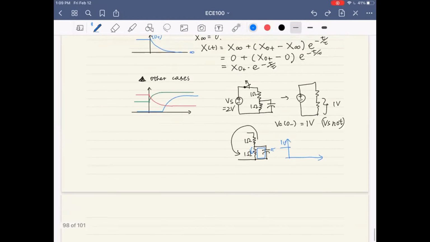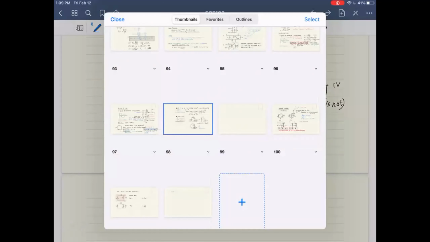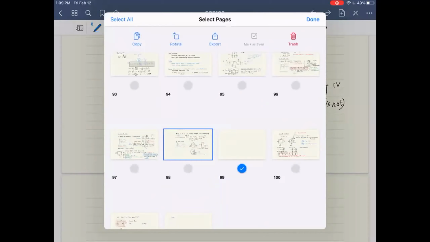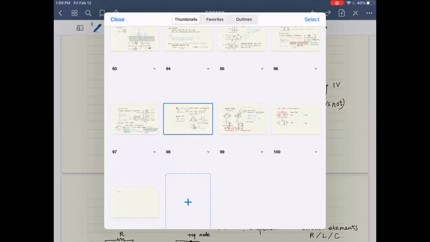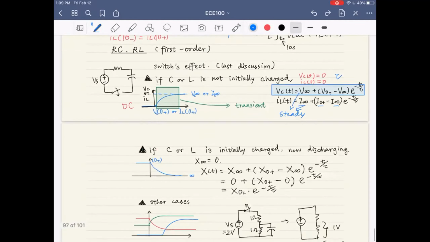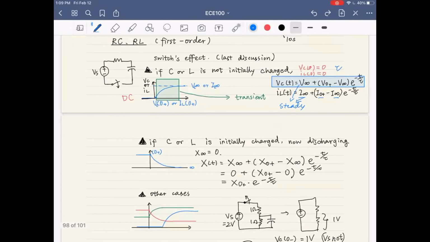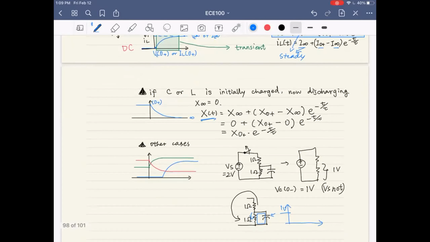Okay. One question. Sure. Scroll up just a tiny bit on the page you were on. The x in that formula, x of t equals, is x v of c and i of l?